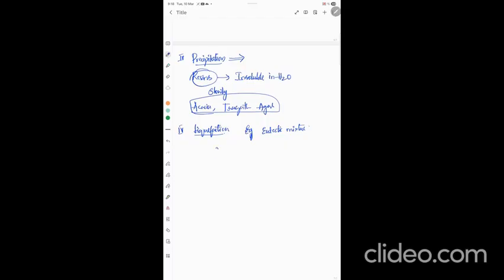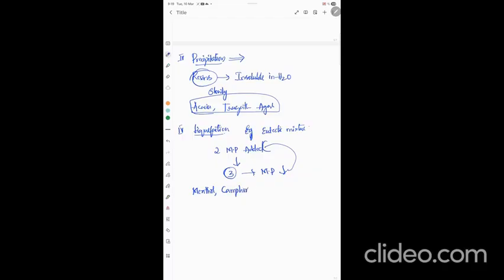So when two compounds of different melting points are added together, there will be the formation of a third compound whose melting point is less than the individual of these two compounds, right? Our most favorite example is the menthol, camphor, right?